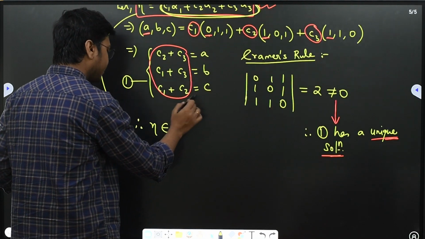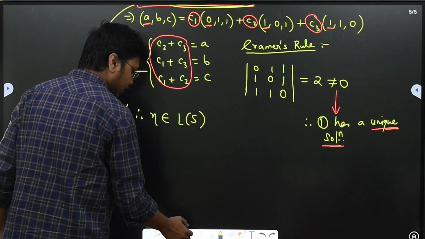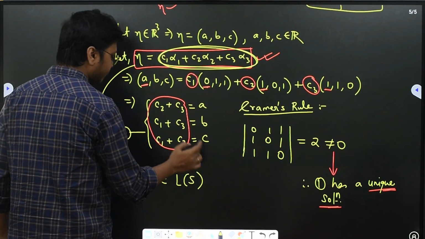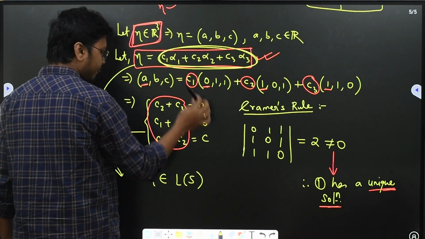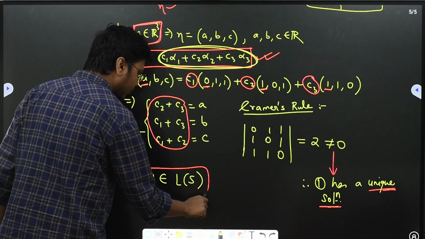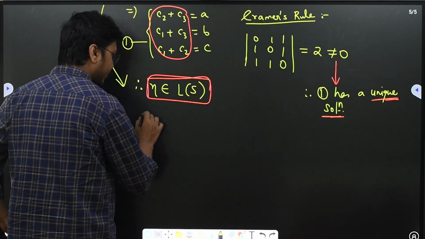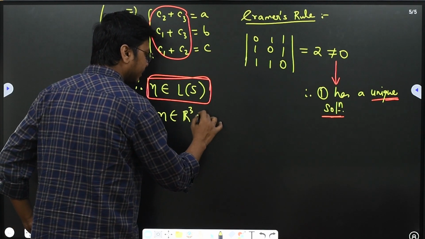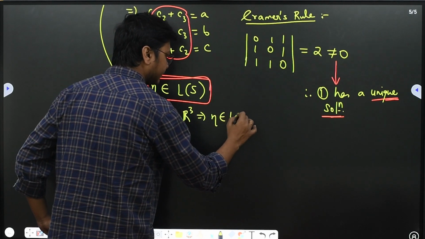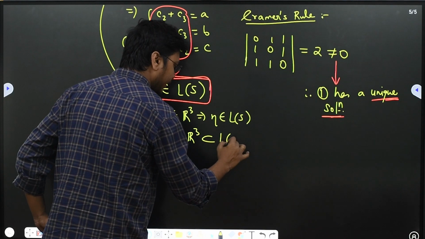So eta belongs to L of S. Initially I started by taking eta belongs to R3, and I have reached the point that eta belongs to LS. So eta belongs to R3 implies eta belongs to LS, and that would mean R3 is a subset of LS.